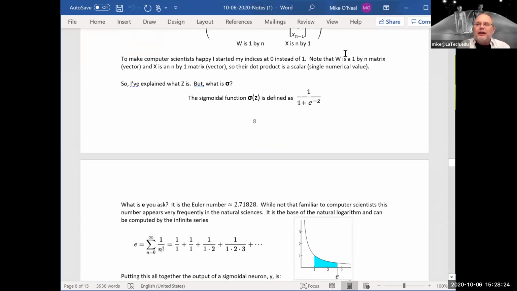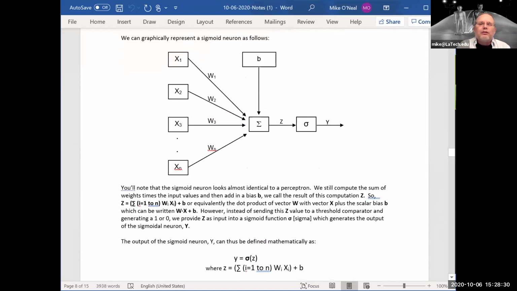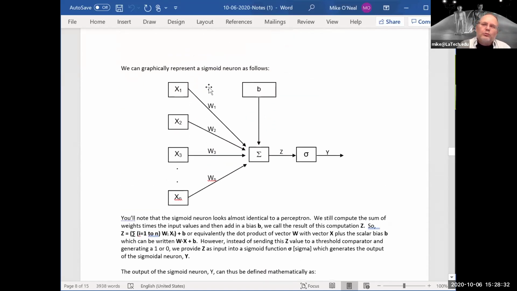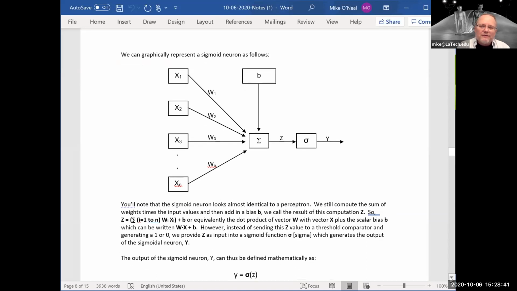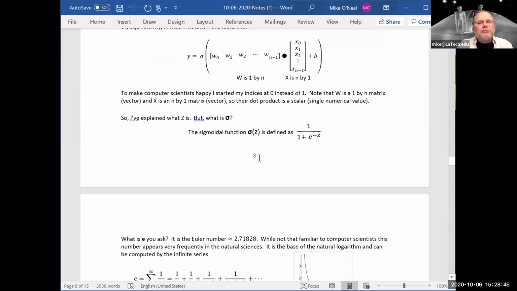It's basically everything that our old perceptron did, the weighted sum of the inputs plus the bias, that's z. But what is this sigma that you've got here? Sigma is defined as 1 over 1 plus e to the minus z.